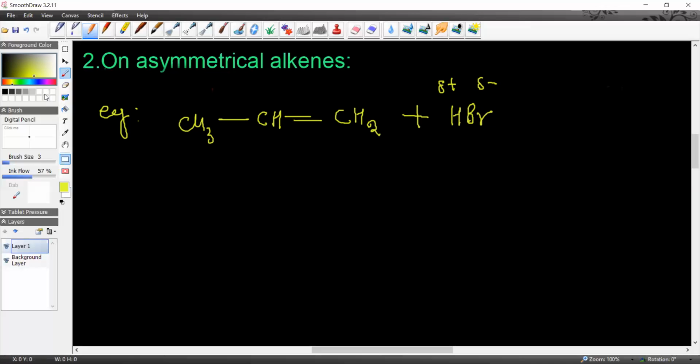So now I am numbering the carbon atoms of this propene. This is the first carbon atom, this is the second carbon atom, and this is going to be your third carbon atom. Got it?